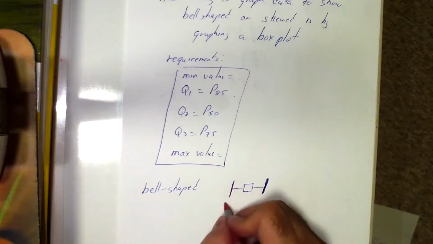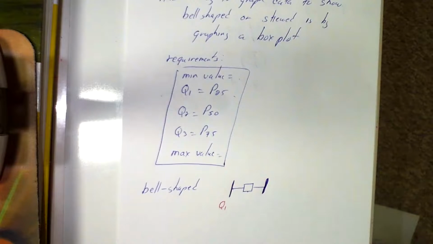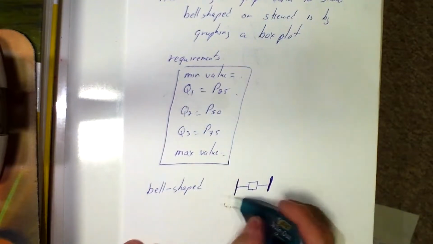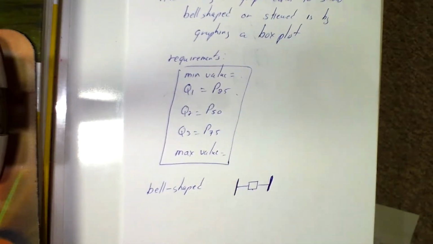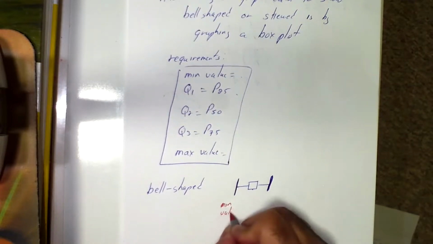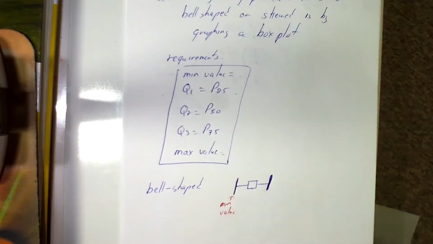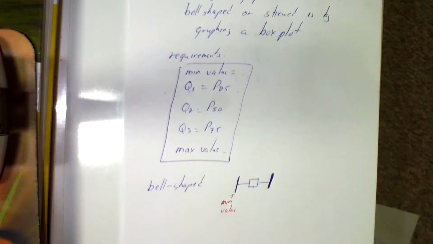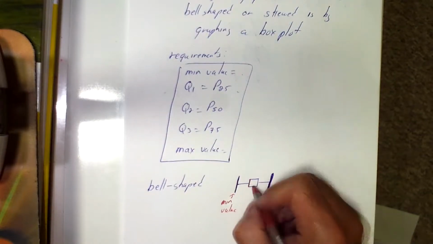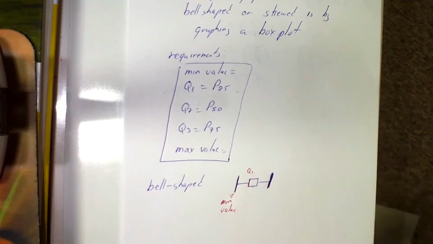This line is your Q1. Sorry. No. That line is your minimum. Sorry, this is your minimum value. That's what that line is. Your Q1 is going to be the left edge. That's your Q1.